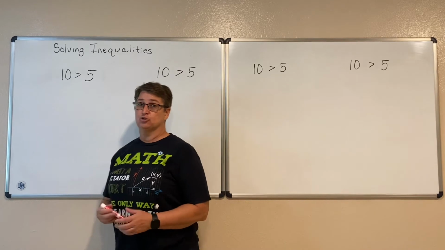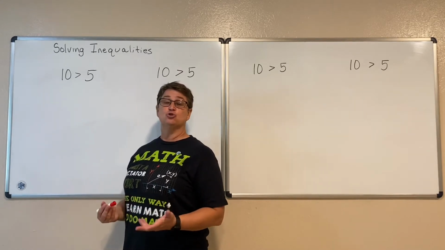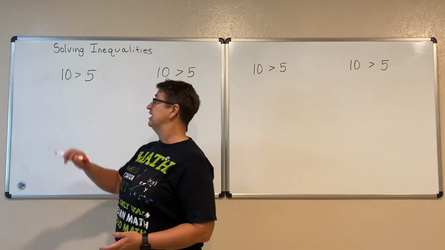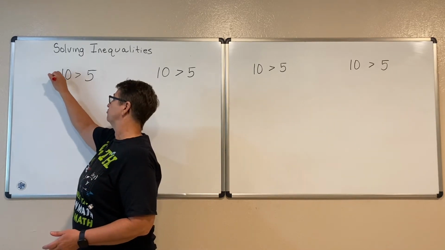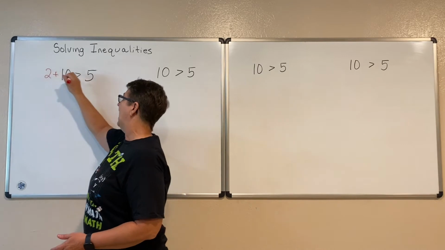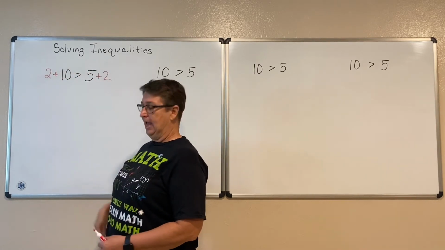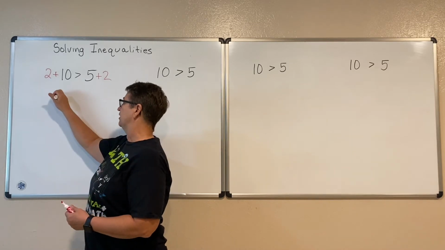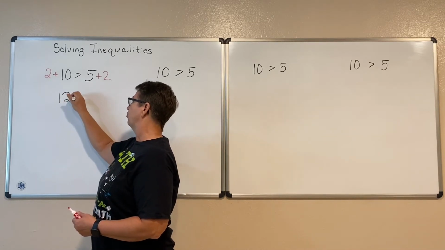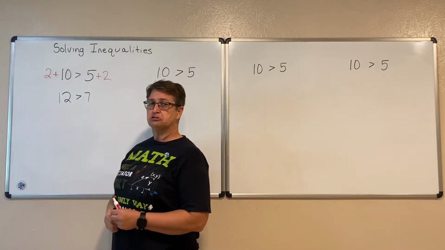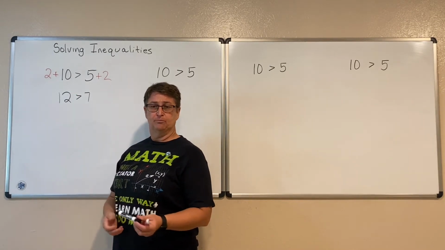So what I'm going to do is I'm going to add 2 to both sides of my inequality, and let's just see if this is still a true statement. And when I add 2 to both sides of my inequality, I end up with 12 is greater than 7. That's still a true statement.